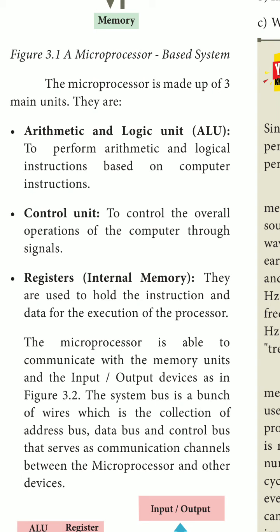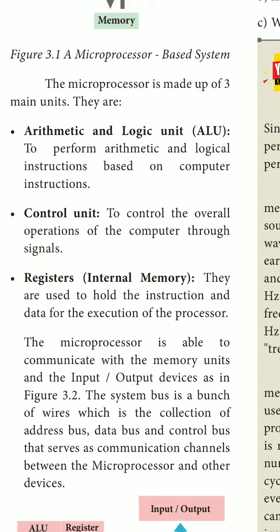Arithmetic means addition, subtraction, multiplication, division, and logical means greater than, less than, greater than or equal to, less than or equal to. These are all the logical operations. Next is control unit. It controls all the peripherals, all the components in the computer.